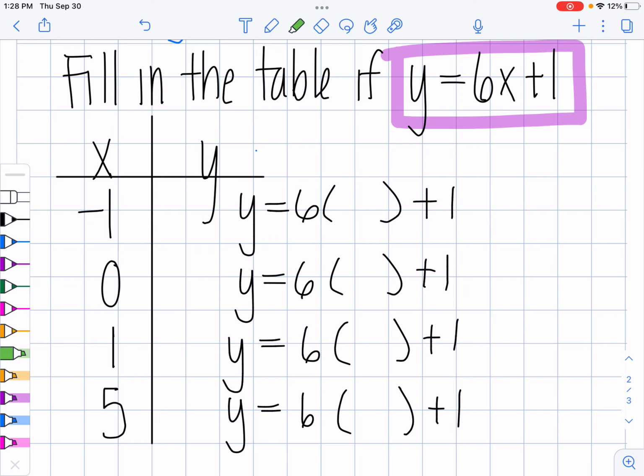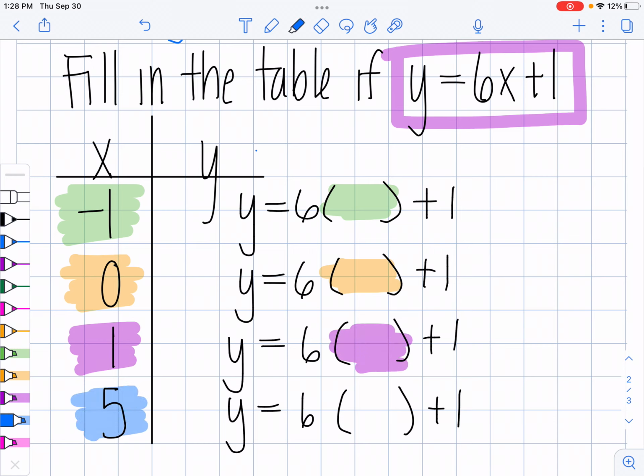And I'm going to plug in my values for each one of my rows. Negative 1, 0, 1, 5. And then I'm going to evaluate them all kind of at the same time here.